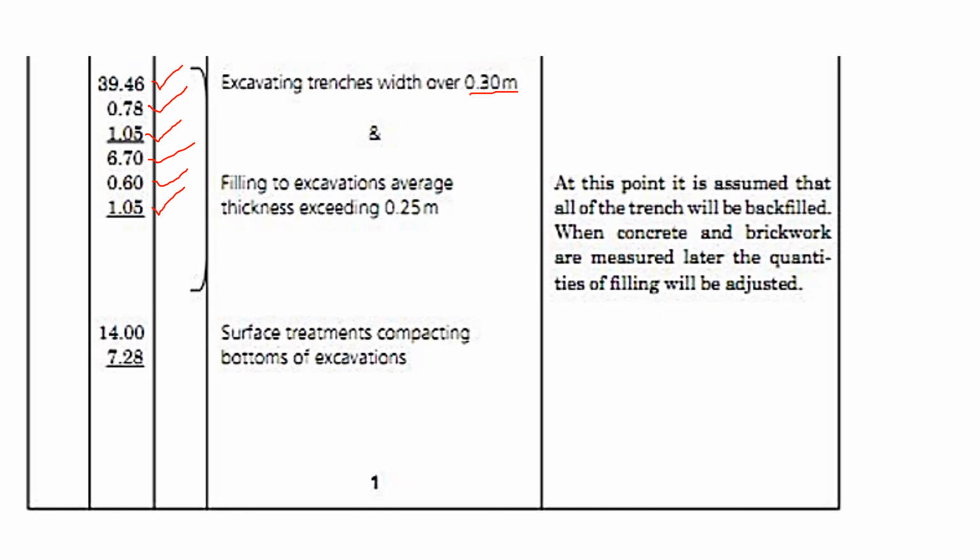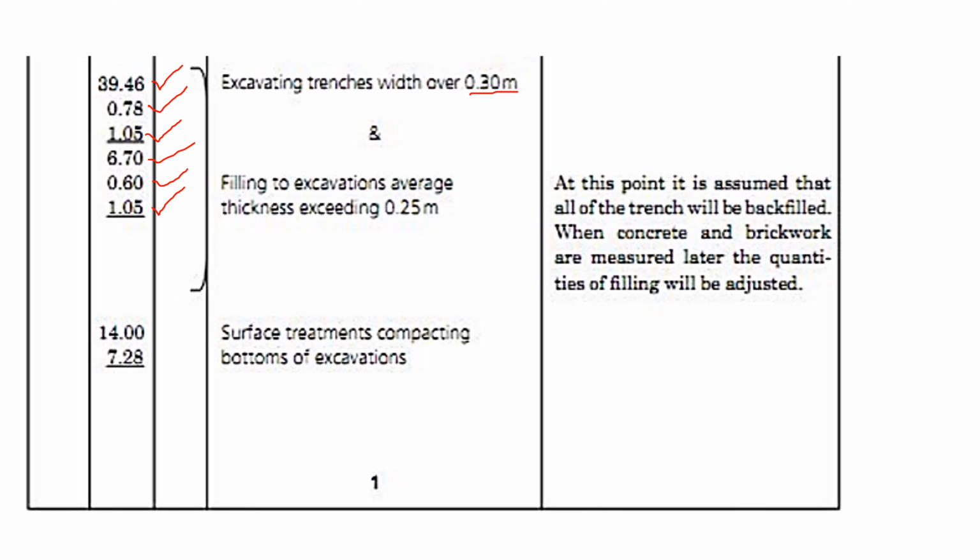Then this same volume of soil we shall fill to excavation, average thickness exceeding 0.25. You see, they are saying at this point, it is assumed that all of the trenches will be backfilled. When the concrete and brickwork are measured later, the quantities of filling will be adjusted. That is, when we excavate the trenches, we shall assume that we will backfill using the whole of that soil.